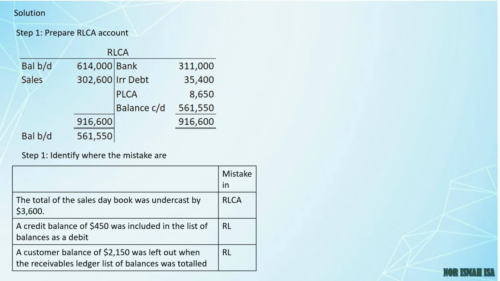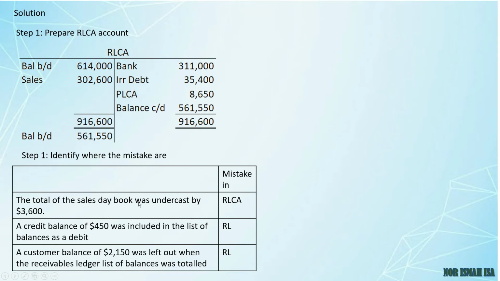The first one is that the total of the sales day book was undercast by 3,600. So we need to identify where the mistake occurs. This mistake occurs in the receivable ledger control account.